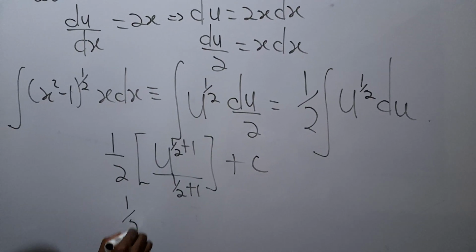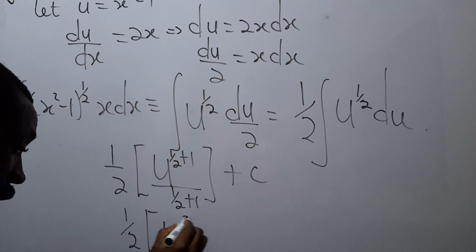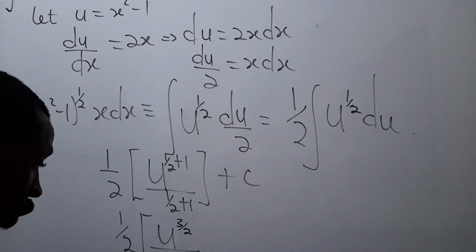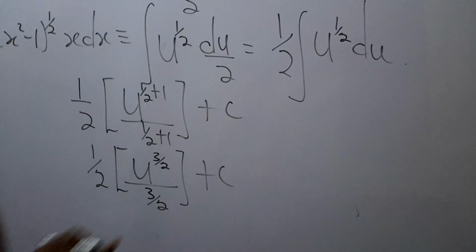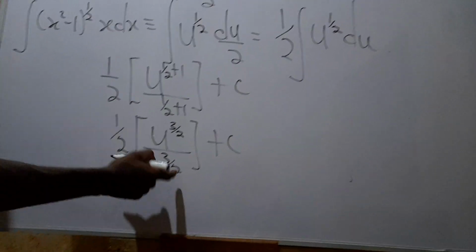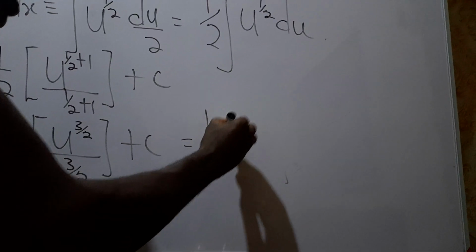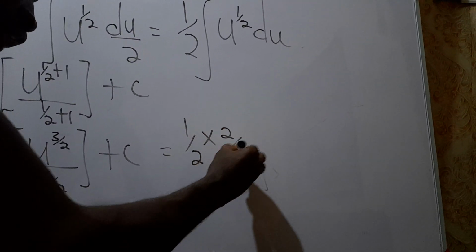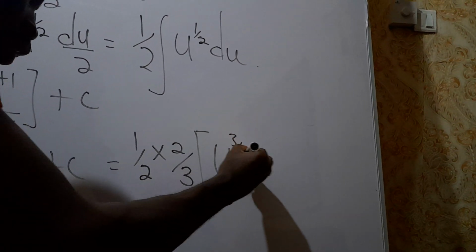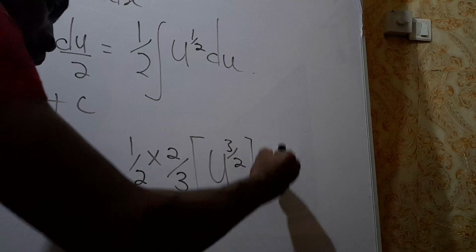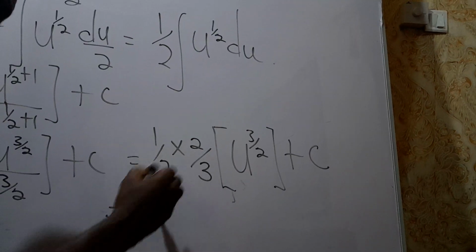Now we get half plus 1 is 3 over 2, over 3 over 2, plus c. Now since this is divided, we can multiply and reciprocate. We can say this is half times 2 over 3 u exponent 3 over 2 plus our constant. When we multiply this, we get 1/3.